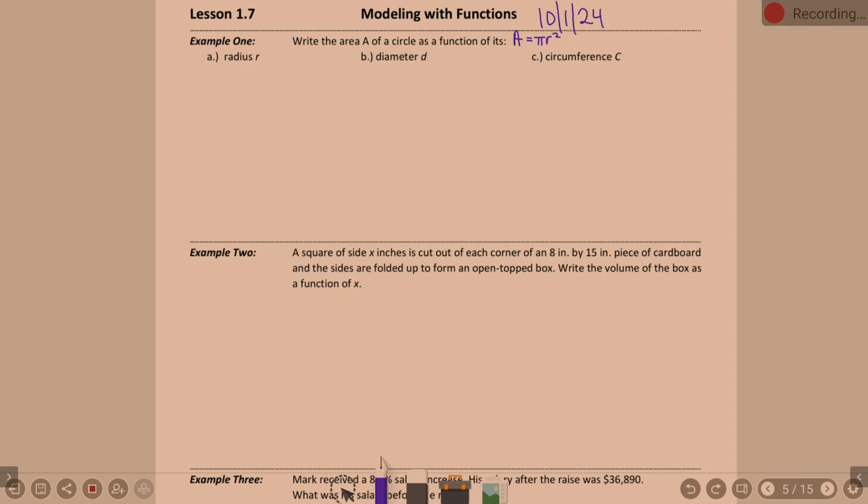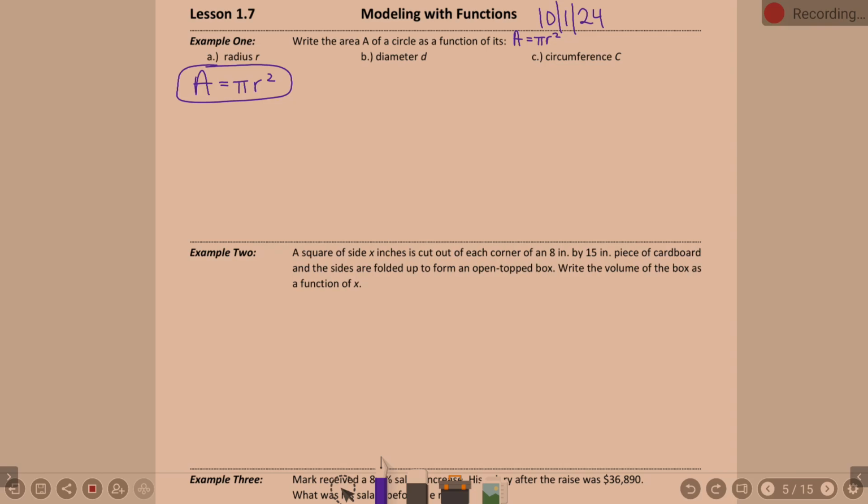What they're asking for here is the area formula in terms of r. But what's the area formula you just gave me? Pi r squared. So right here, there's nothing to be done for part A. Part A is writing the area in terms of r, where you have to know the r value to find the area.